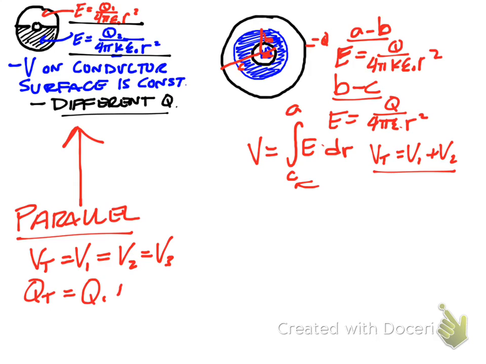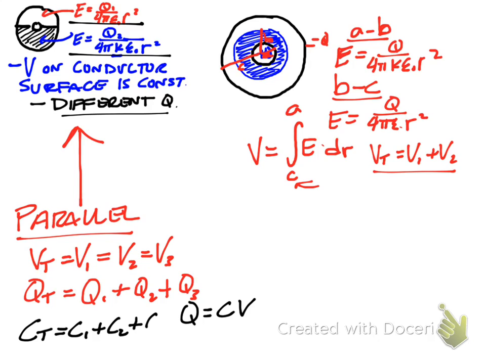Total charge is going to add. And if we substitute our little formula for capacitance for Q, where Q is equal to C times V, since all the voltages are the same, when capacitors are in parallel, total capacitance is going to be capacitance 1 plus capacitance 2 plus capacitance 3.